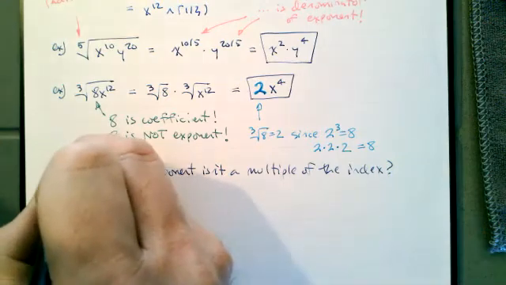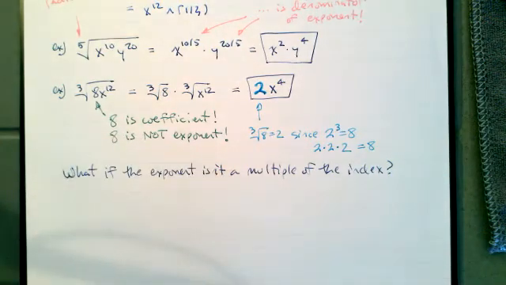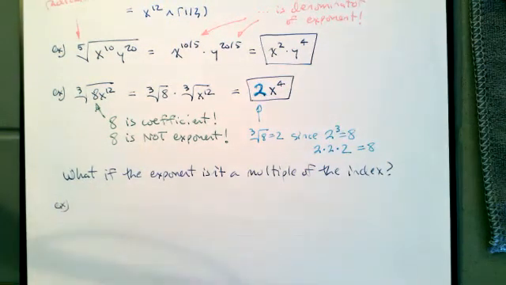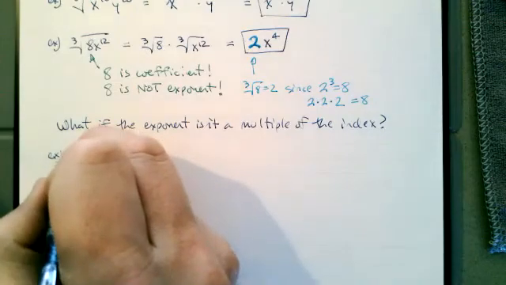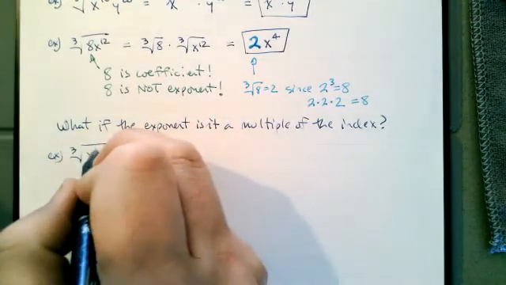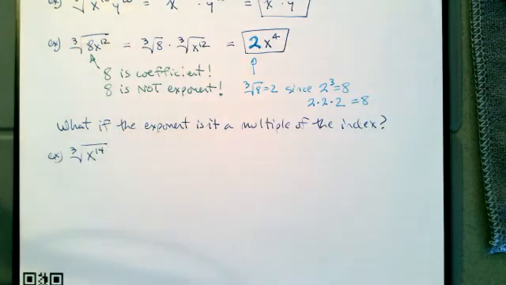What if we had a cube root, but not of x to the 12th, it was x to the 14th? We want to simplify as much as we can, especially if we've got a power like the 14th. That's too much.